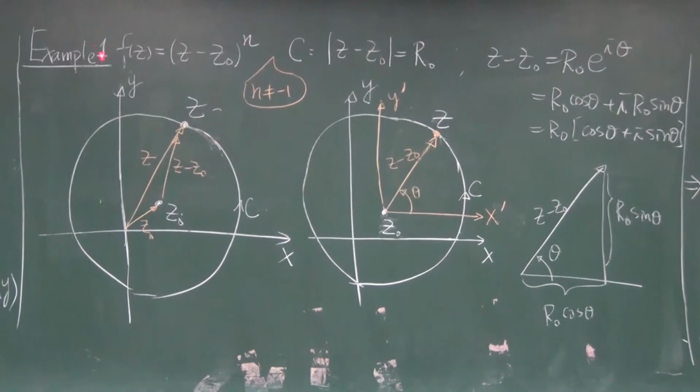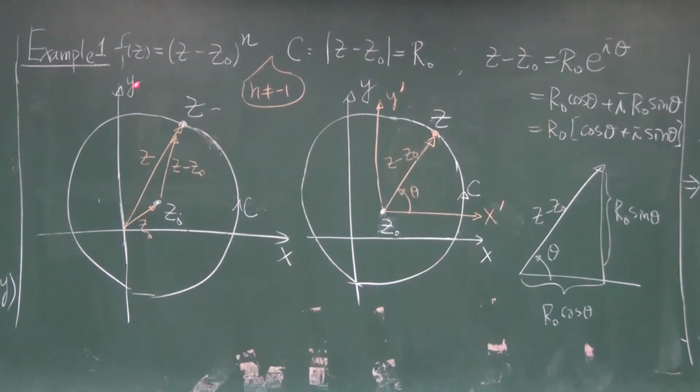In example 1, we have a function f(z) equal to (z minus z0) to the n power. But here I emphasize that n is not equal to minus 1. You will understand the reason later. Then we adopt the curve here, which is a circle.